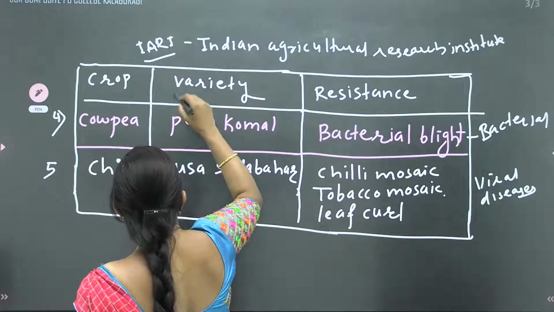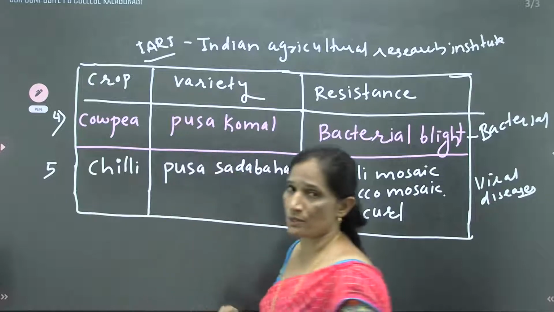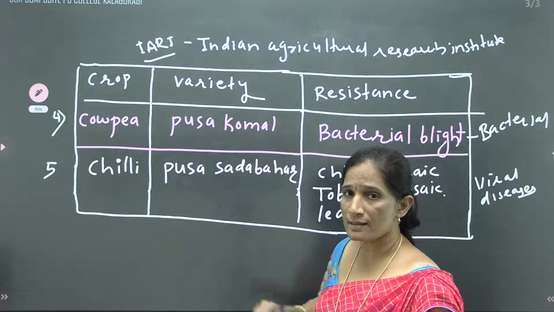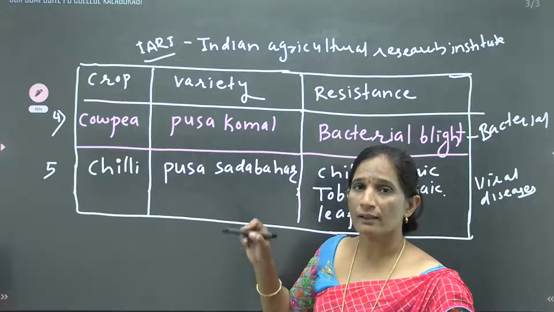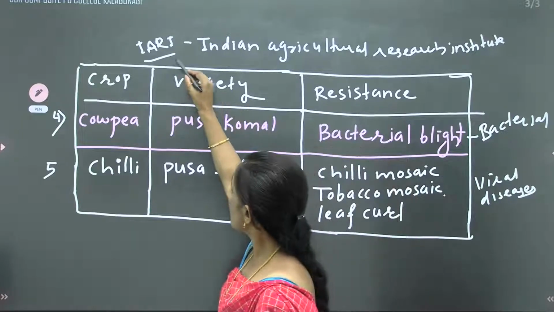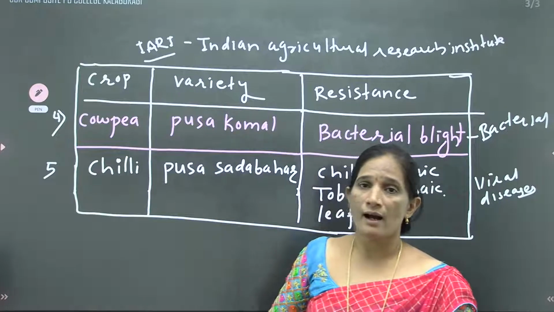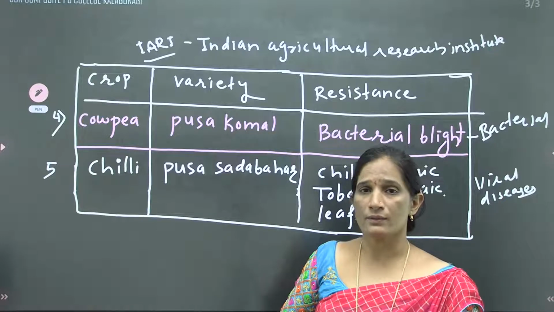IARI has given the name Pusa. Is it clear? Pusa is a variety name given by IARI, the Indian Agricultural Research Institute.